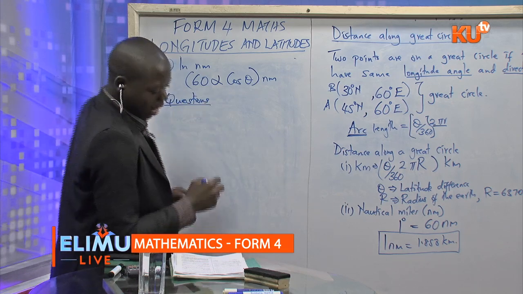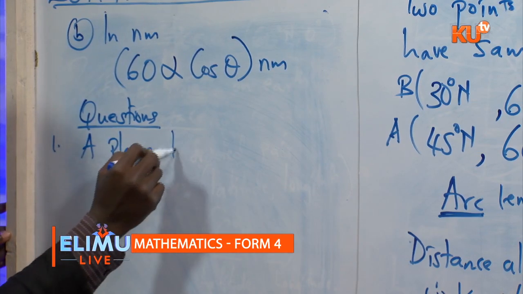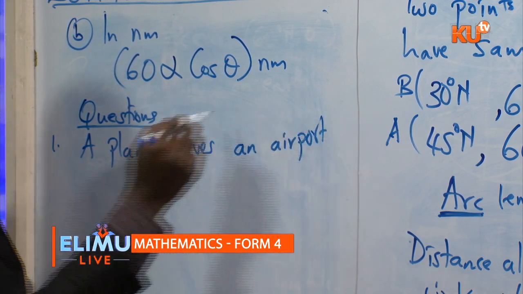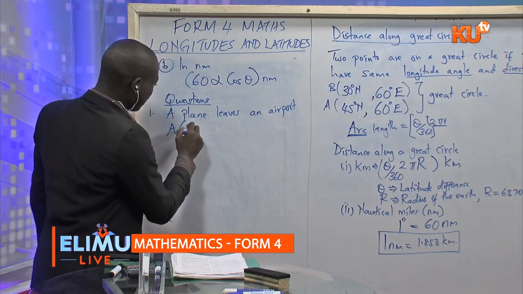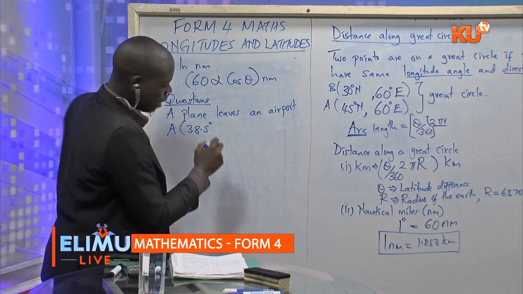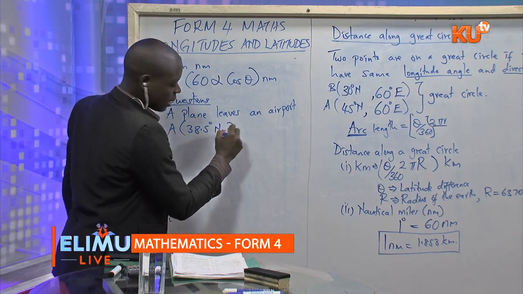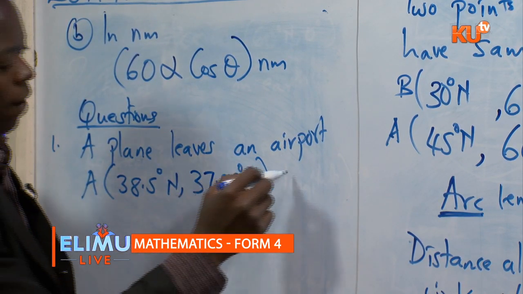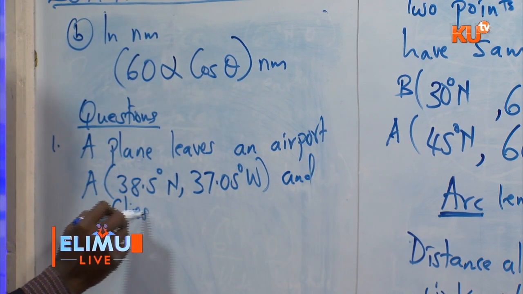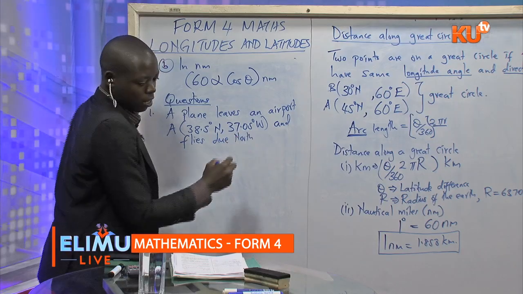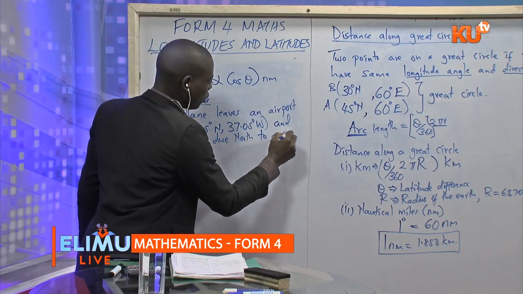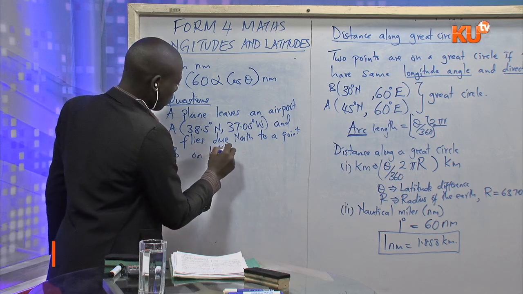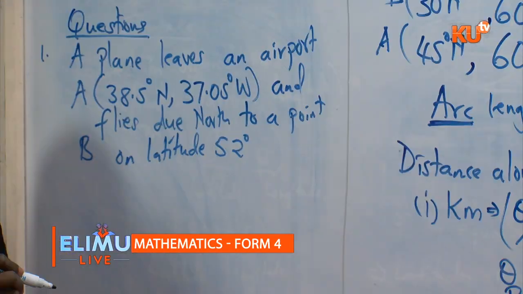We have a case here, so we can now look at questions. Our first case is that a plane leaves an airport A, which is located on 38.5 degrees north and 37.05 degrees west, and flies due north to a point B, which is on latitude 52 degrees north.